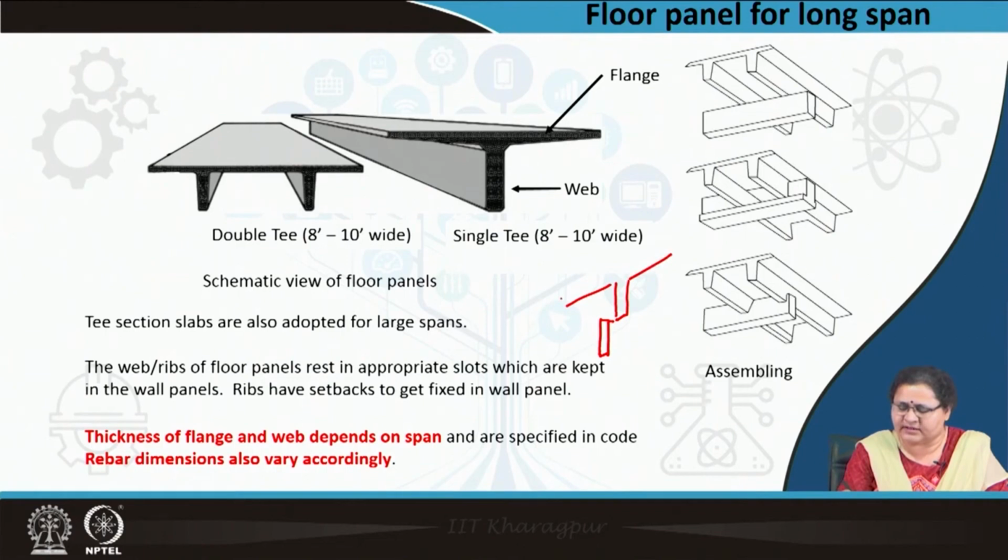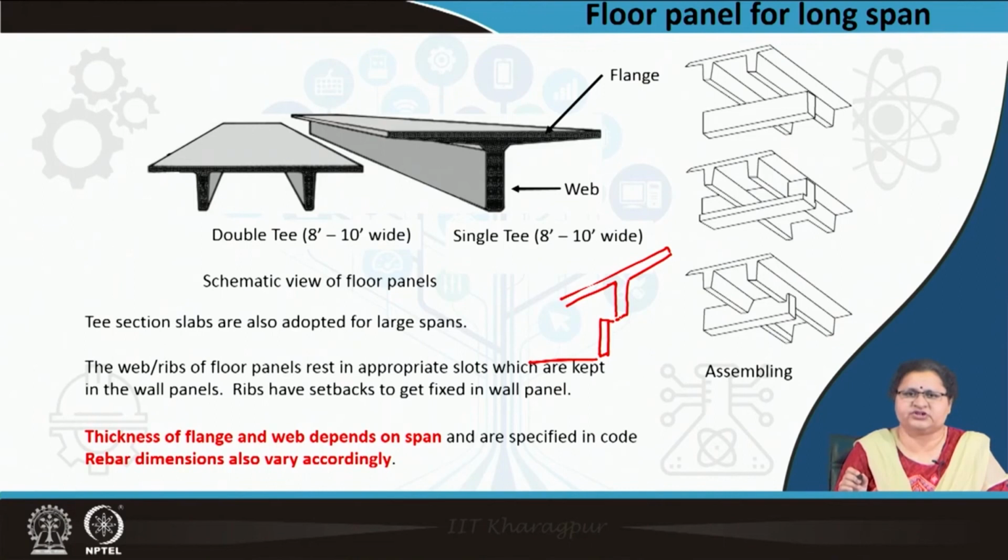So, this is the continuous T which needs to get assembled in a walling system, where this will exactly go and match with the wall system. So, one has to be very careful while these are being placed. These are all to be set within its groove if the drawing is perfectly done.